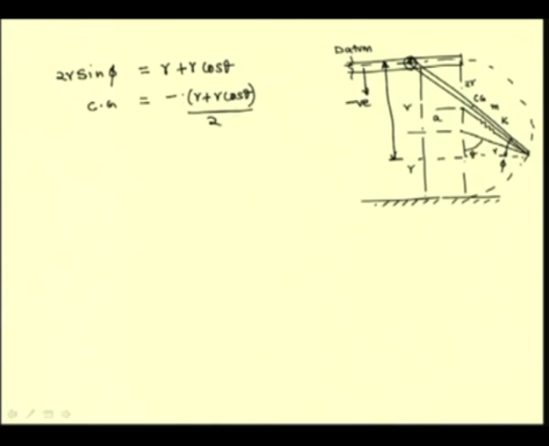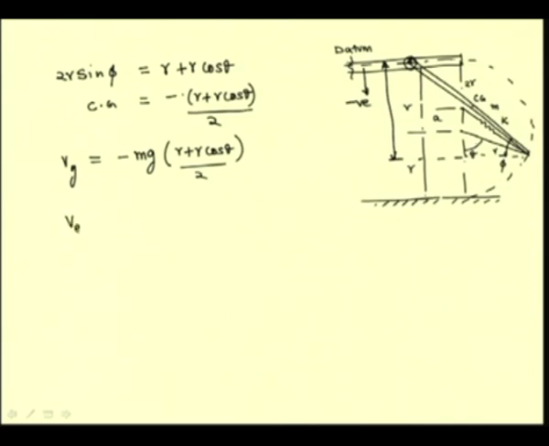So we can write the potential energy in terms of this quantity. So Vg is equal to minus mg, the weight, times the location of the CG. So this gives the potential energy associated with the car garage door for any given position theta.